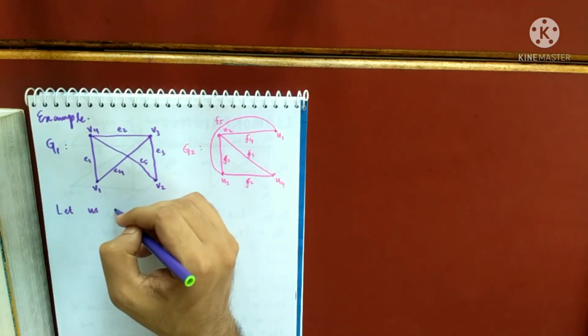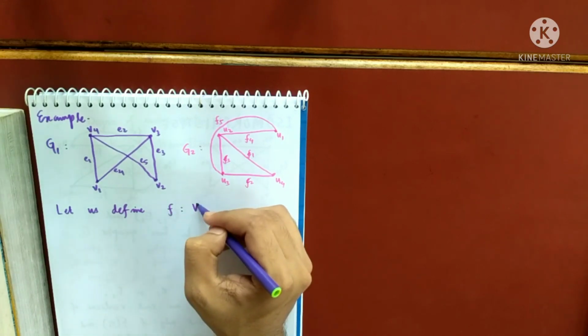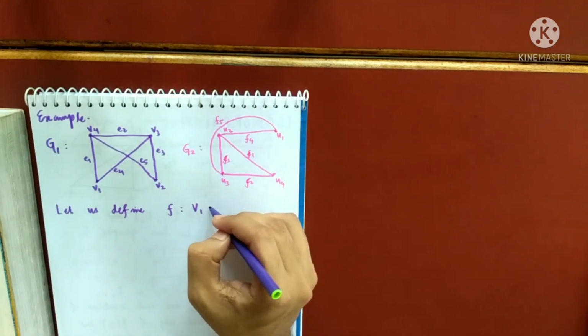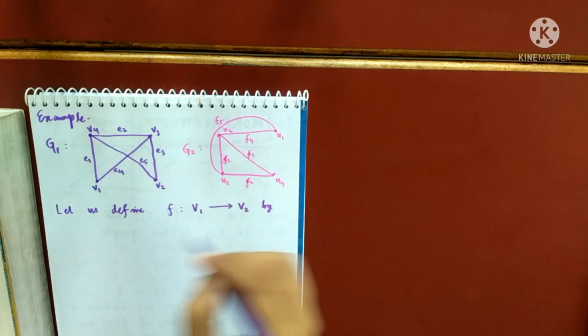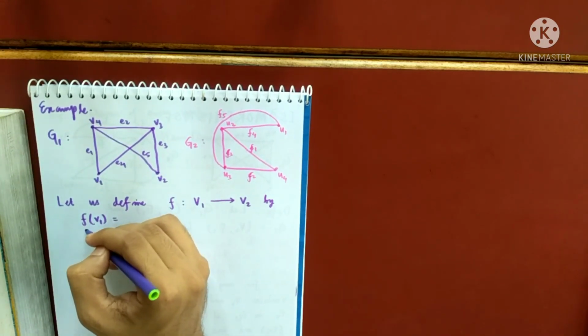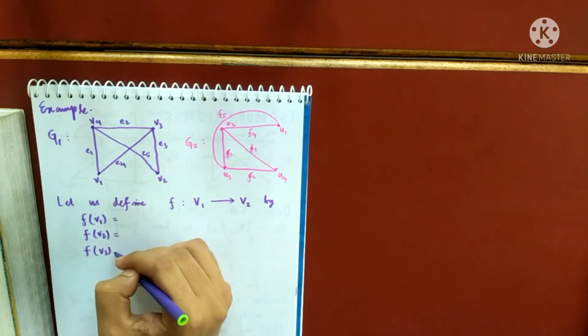Let us define a map F from V1 to V2. I am assuming that V1 means the vertex set of G1, and V2 is the vertex set of G2. So I will show you the image of V1, image of V2, image of V3, and image of V4.